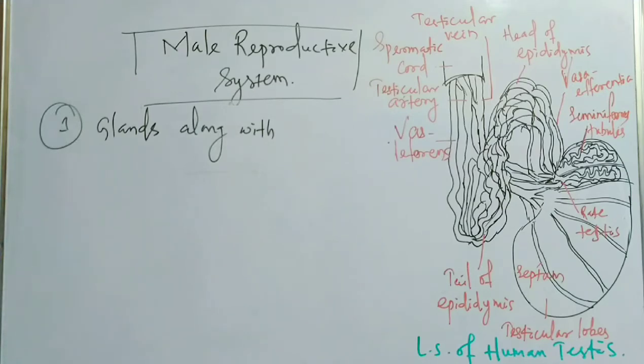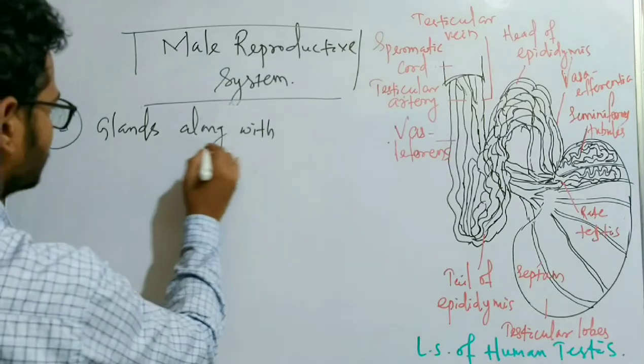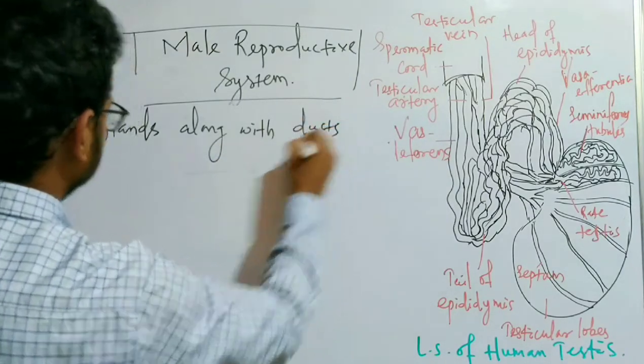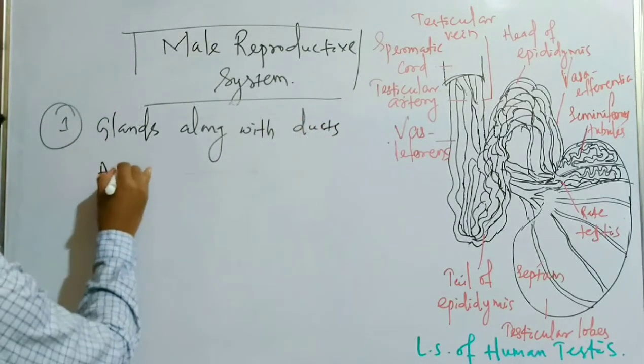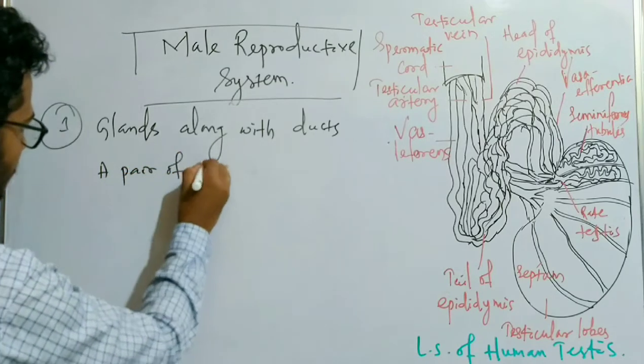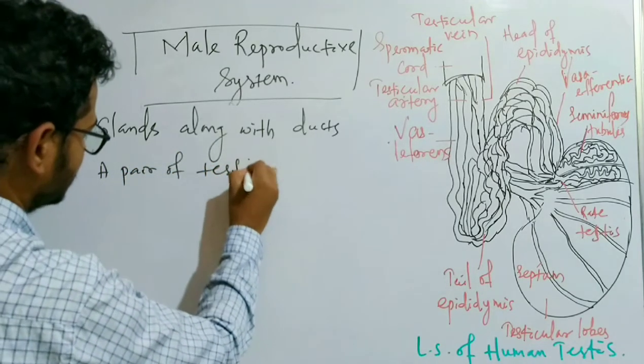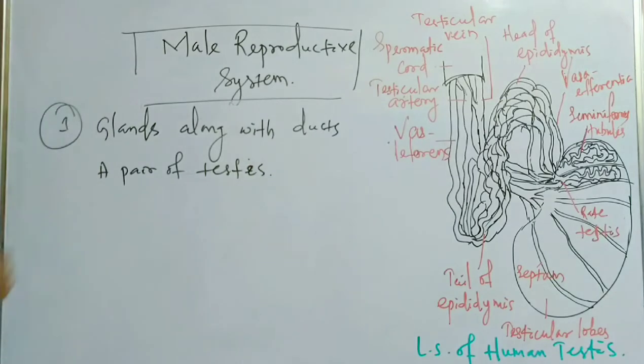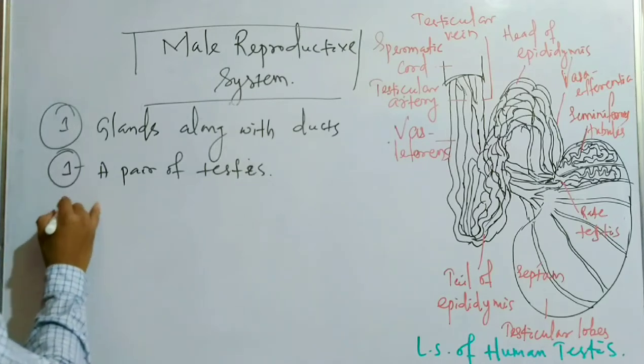So glands include a pair of testes along with ducts. Okay, the first and the most important one is a pair of testes, then a pair of seminal vesicles.